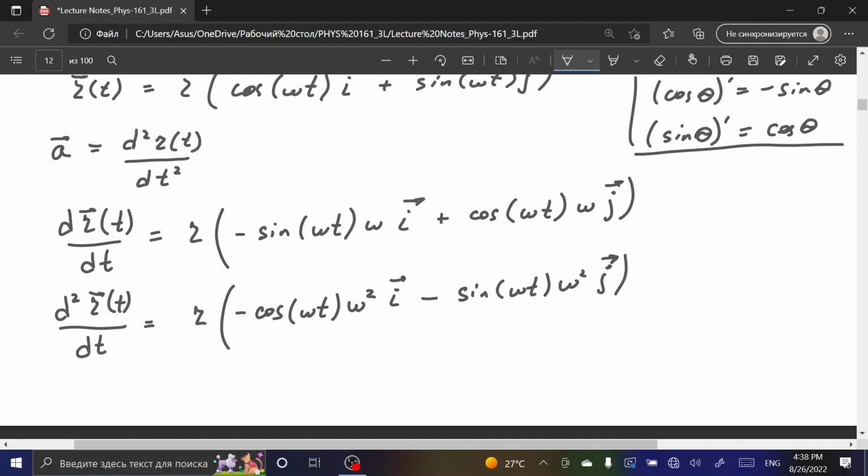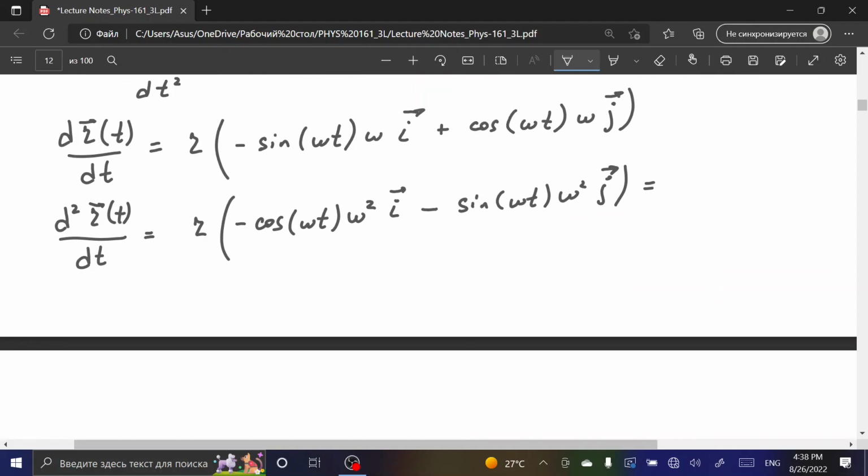Now let us rearrange these things a bit. We can take minus omega squared out of the parentheses, so it will be minus omega squared times r, and here will be cosine omega t times the i unit vector plus sine omega t times the j unit vector.